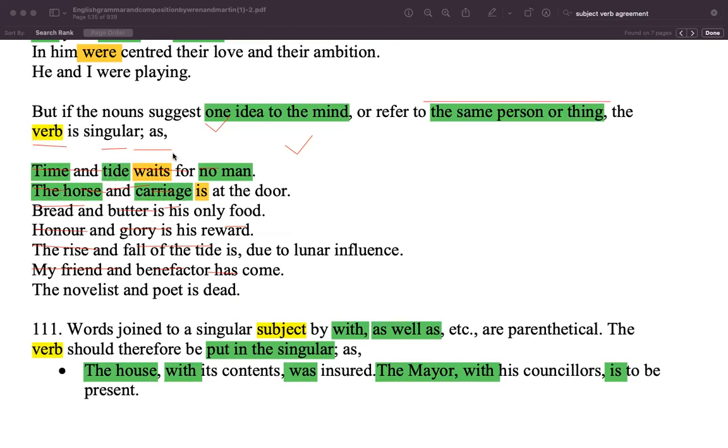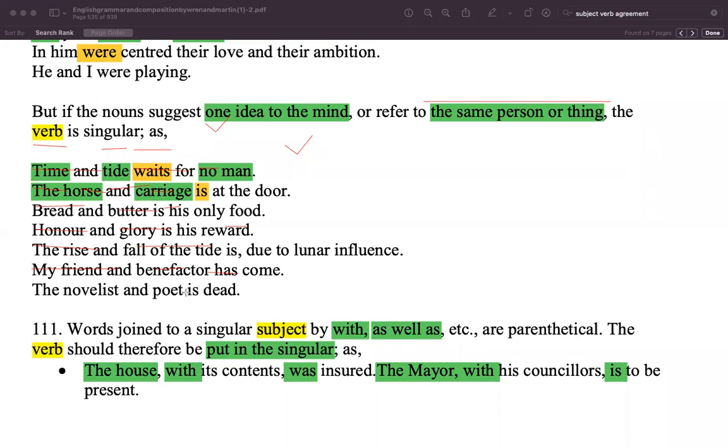So that's why it suggests one idea to the mind, or does the same thing to the same person or thing, right? Clear?